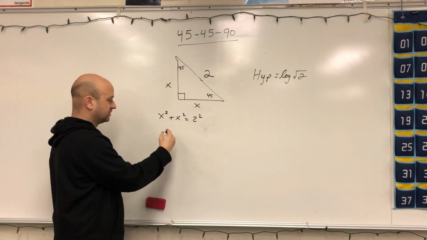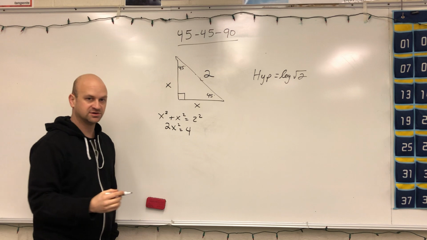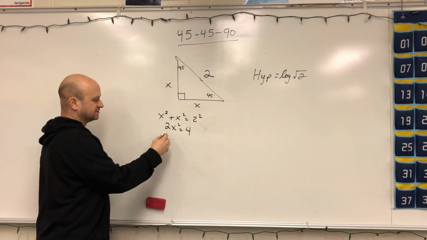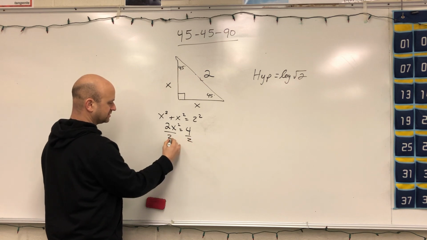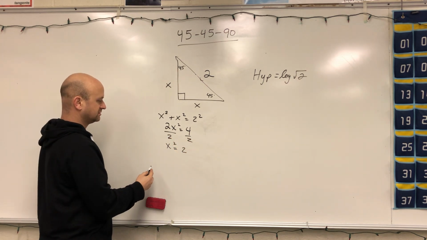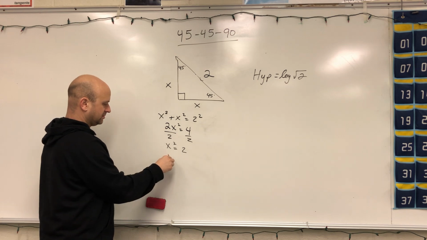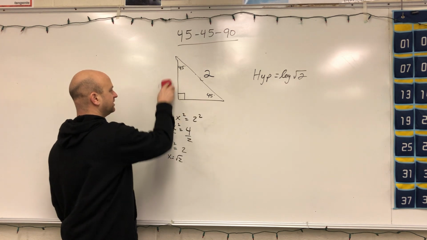And so how many x squareds do we have? We have 2, and that is equal to 4. Okay. And so then we would divide by 2. I know this algebra right here would be probably a little confusing to you guys. Okay. And so then we get x is equal to the square root of 2, which would go here.